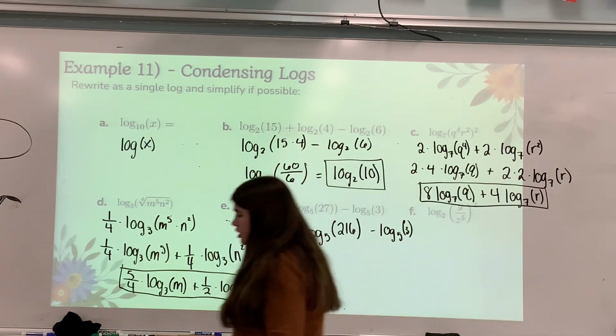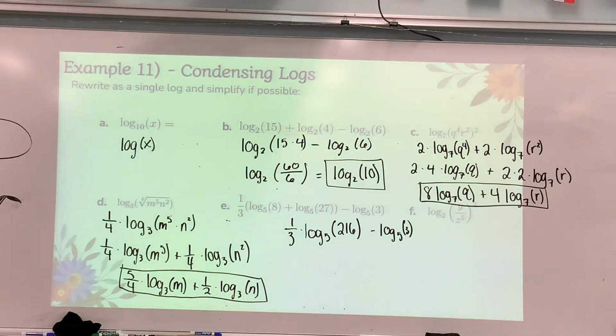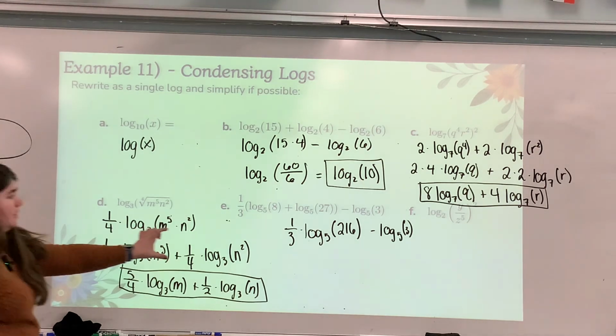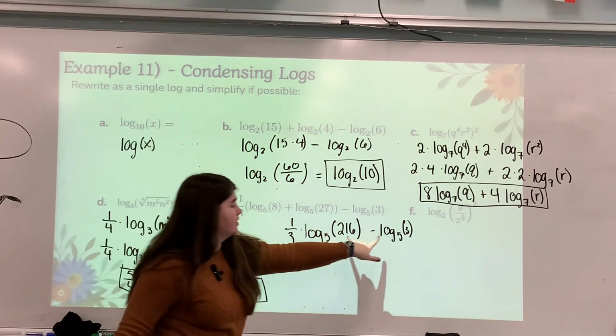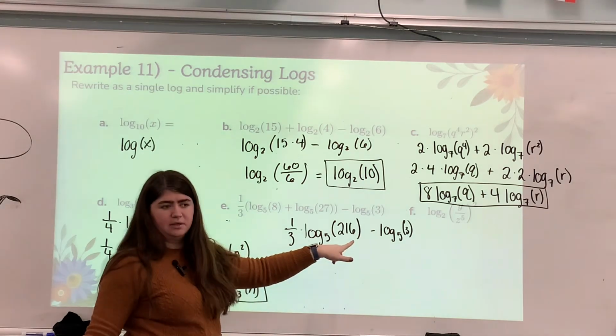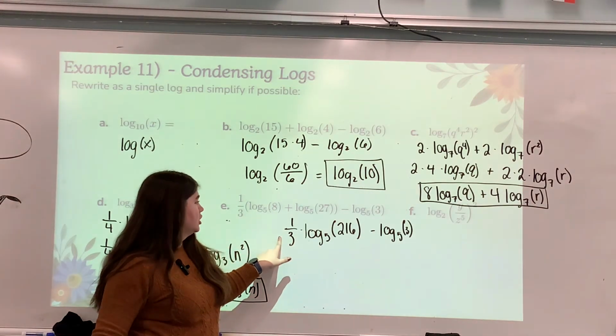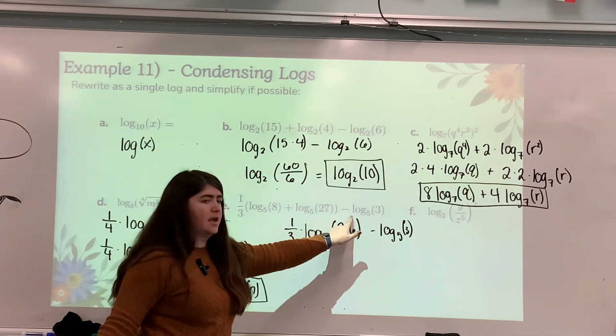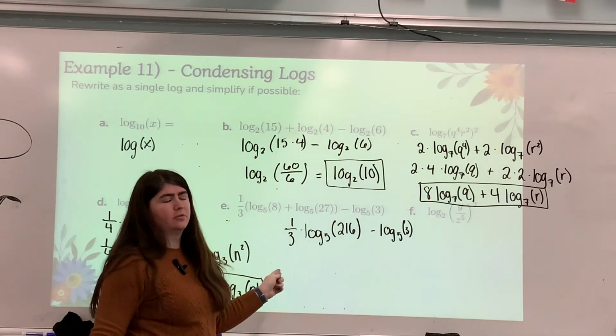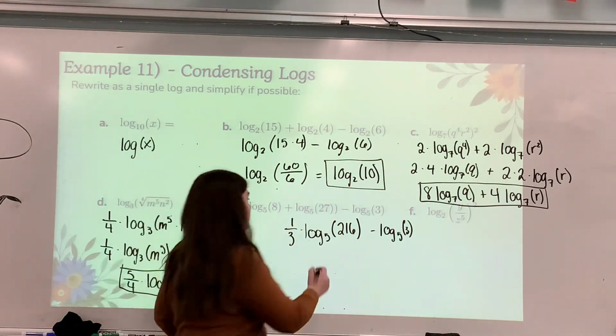So this 1/3 is multiplied by that first part, which means that we have to combine these, and right now we can't. So this 1/3, we can put it back as the exponent of 216.